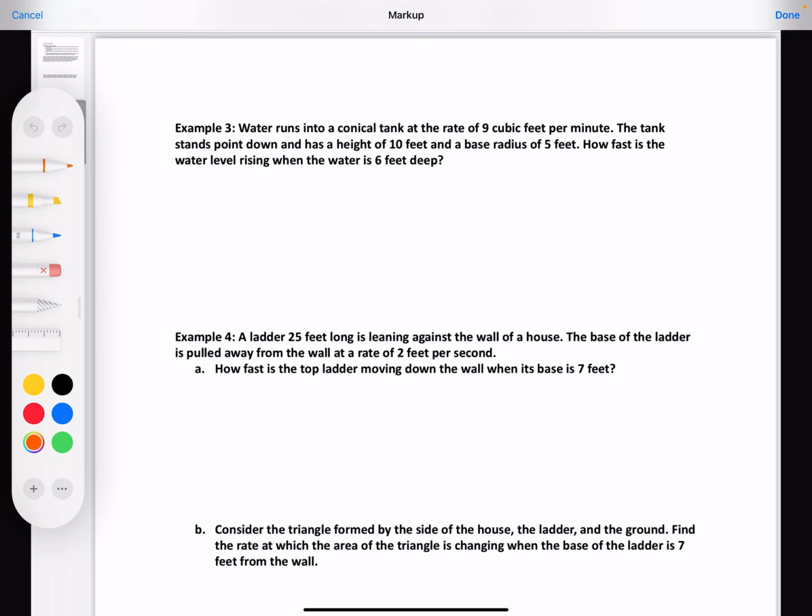I'm going to try to draw this over here. We have a tank that looks something like that, more or less. At the top, this radius is 5 feet.